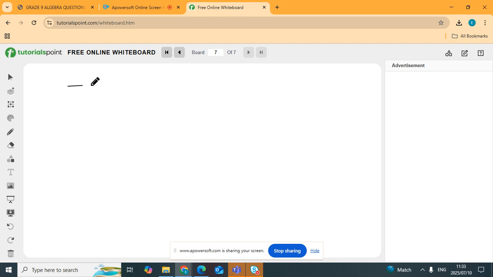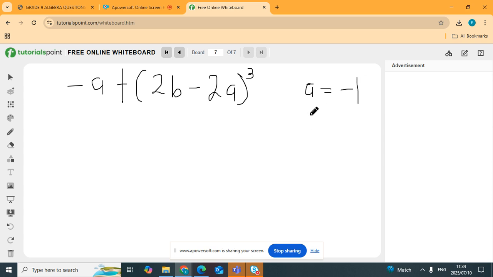So you've got minus a plus bracket 2b minus 2a to the power of 3. Now, in this case, we are saying that a is equal to minus 1 and b is equal to 2.